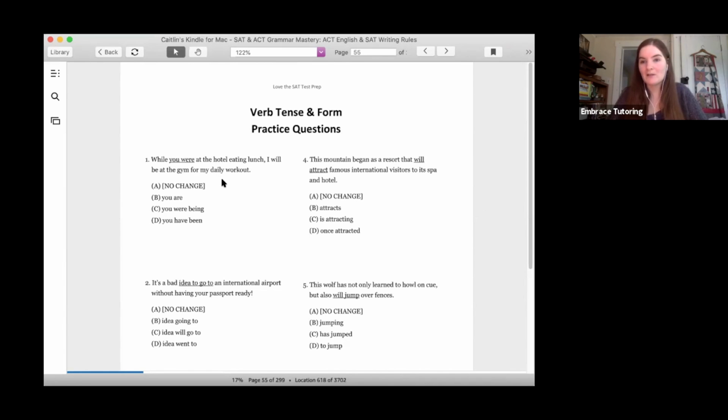but they might be expressing active voice or passive voice. So they might be an active verb form rather than a passive form. You have been is a passive form because you're dealing with a helping verb have. You were being is also more of a passive form, but for both of these you're dealing with past tense.